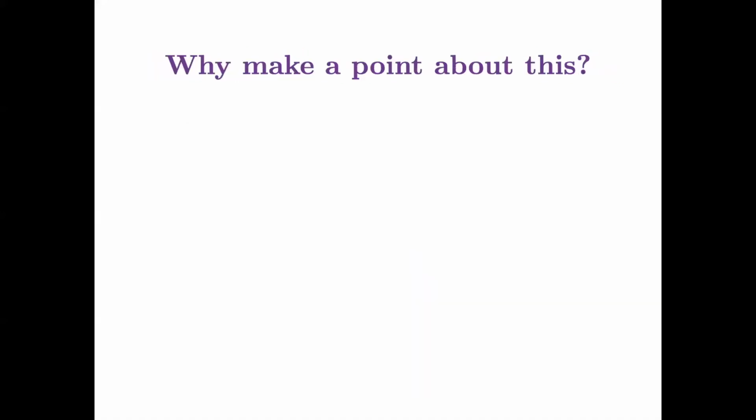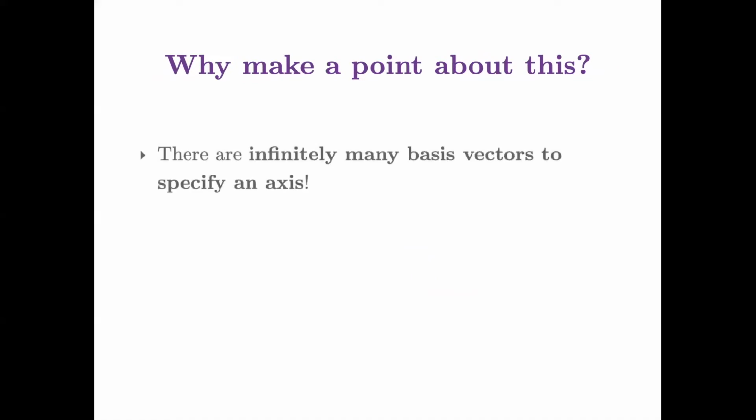Now, why am I making a point about this? Well, the first reason is that there are infinitely many basis vectors to specify an axis, because the axis is just the span of the basis vector. So any vector that points in the positive or negative direction of that axis will specify the axis.